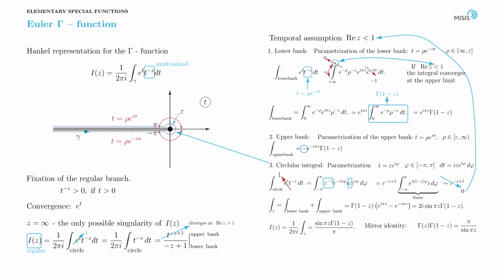We see that the right-hand side arranges itself into a simple 1 over the gamma function of z. And so we've just established the desired Hankel representation of the gamma function. As we remember, this result was derived under the assumption that the real part of z is smaller than 1, but of course it holds for any finite z.